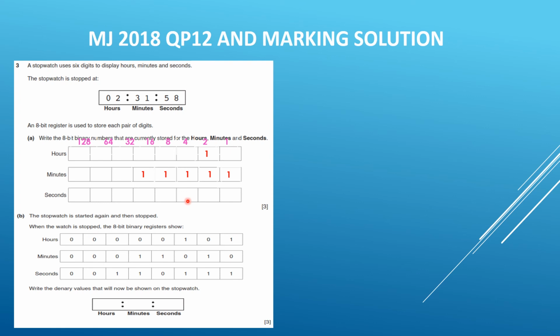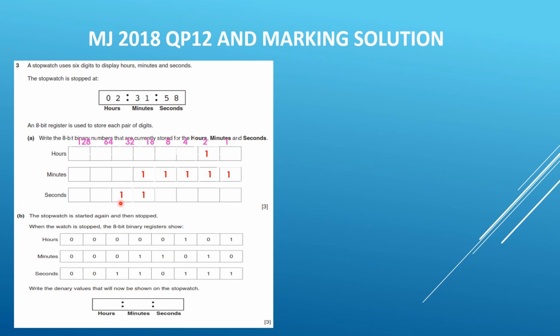So for that I need to turn on the binary notations. Definitely it cannot be 128, it cannot be 64, it can be 32. Then 32 plus 16 gives me 48. 48 plus 8 gives me 56.